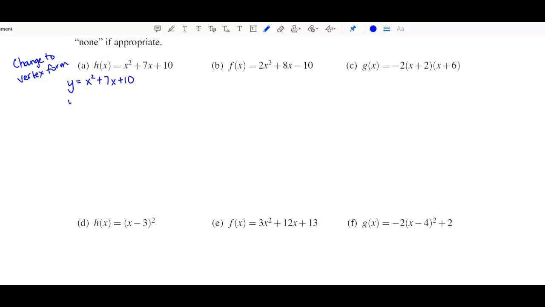And then we can just do y equals x squared plus 7x plus blank, and then we're going to do plus 10 and then minus blank. All right, so we're adding a number in and then we're subtracting it off here.